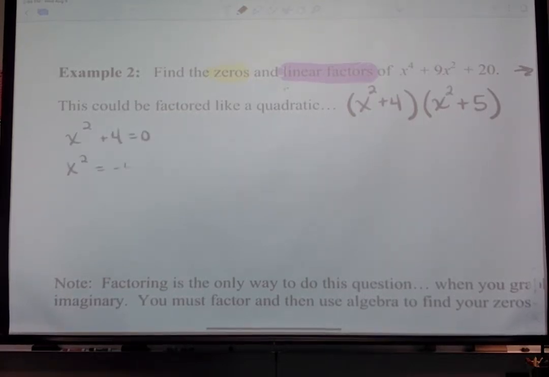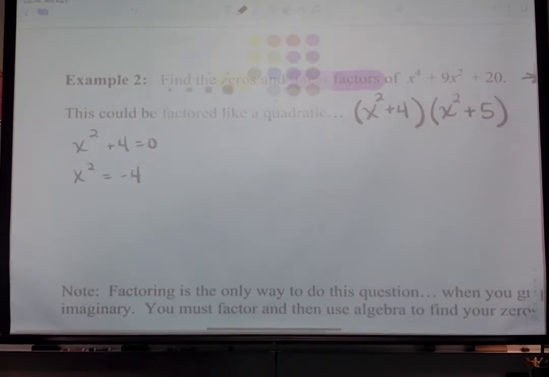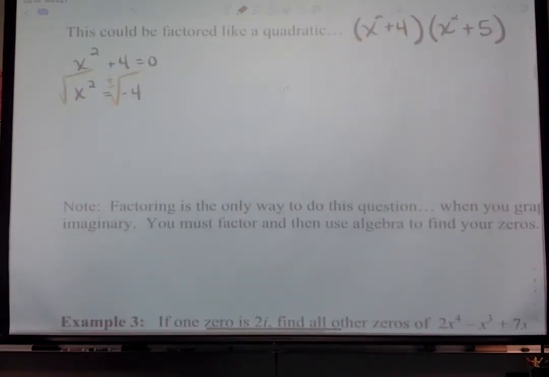X squared equals negative 4. Square root both sides, and I get x equals plus or minus 2i. You know how to square root a negative now.